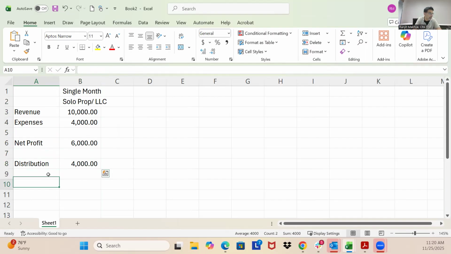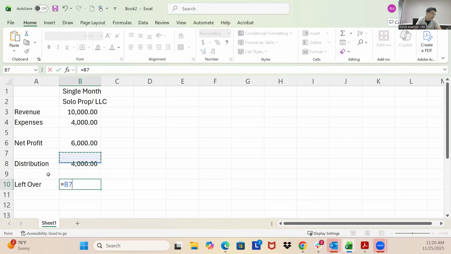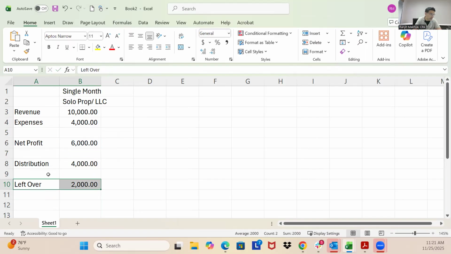This is how you're taking money out. So the leftover money is the 2,000. A couple of things that you have to know. The 6,000 is still going to be taxed. That's still going to be your net profit, and you're going to be taxed on that. So you may want to withhold some money just for tax purposes.